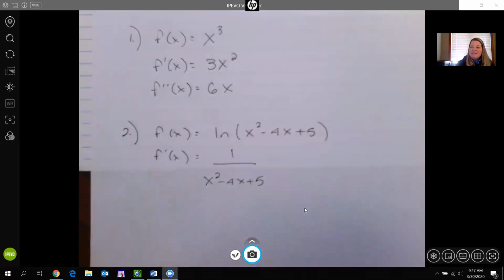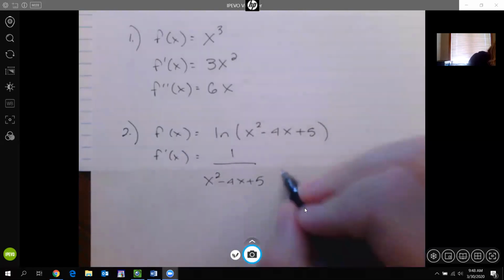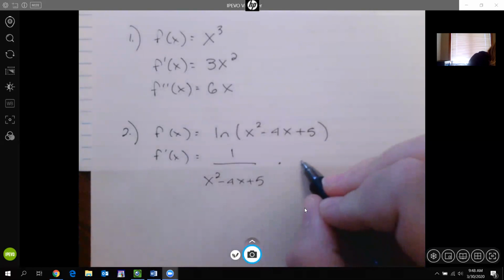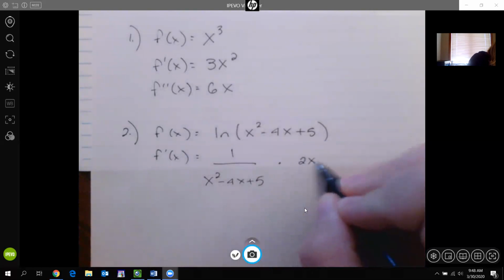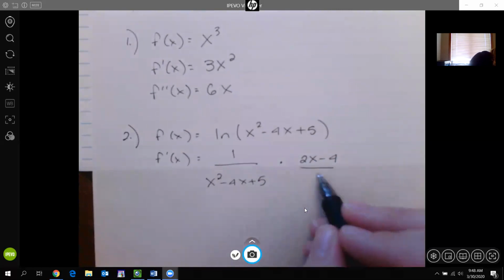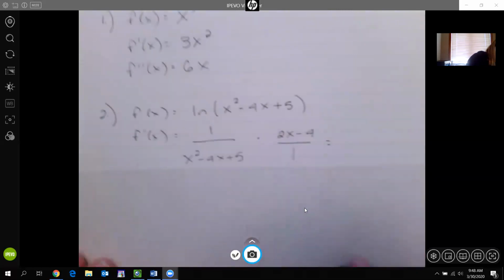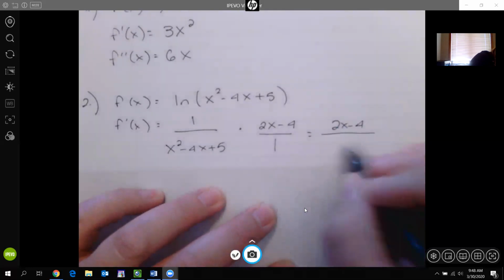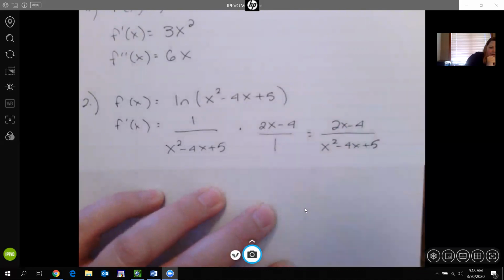Then we have to times it by the derivative of the inside, which would be 2x minus 4. Our final answer will be 2x minus 4 on top over x squared minus 4x plus 5.